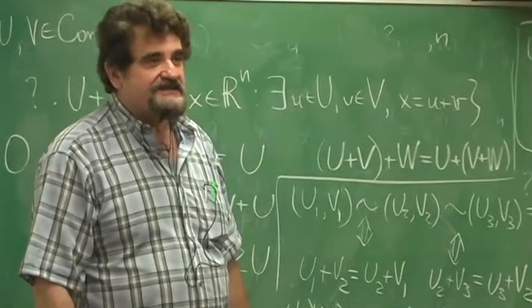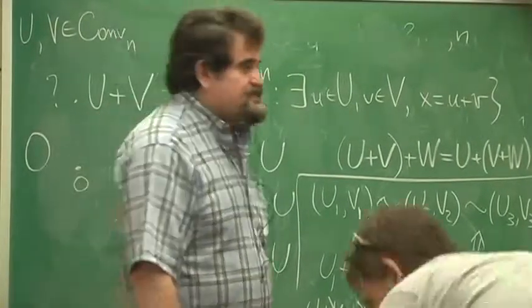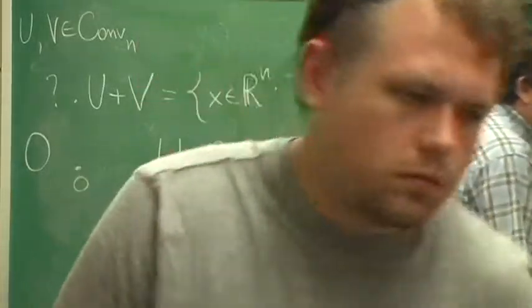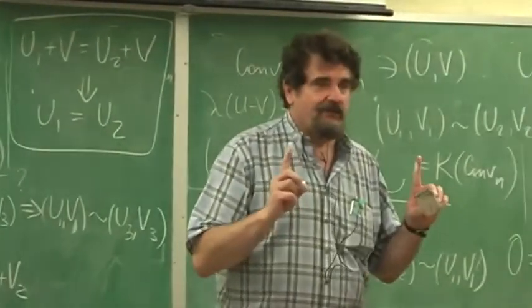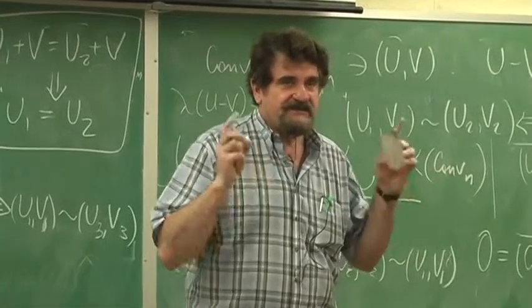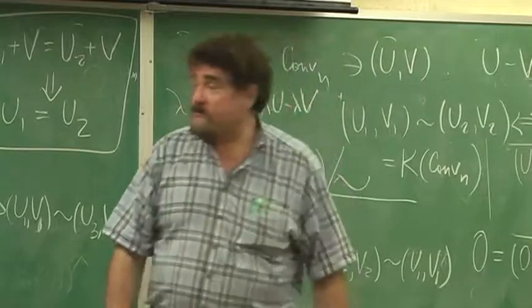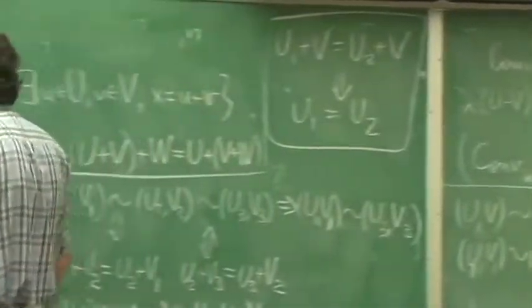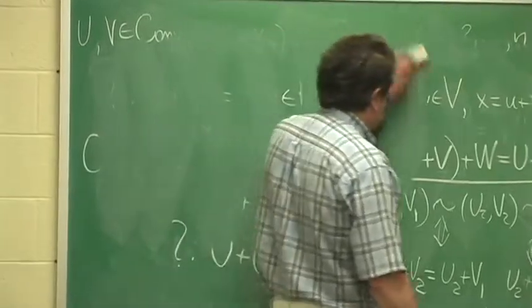Starting from the convex bodies, we switched to the space of equivalence classes of pairs of convex bodies, and this happens to be a linear space. Wonderful, because now I'm going to something very interesting and very important.